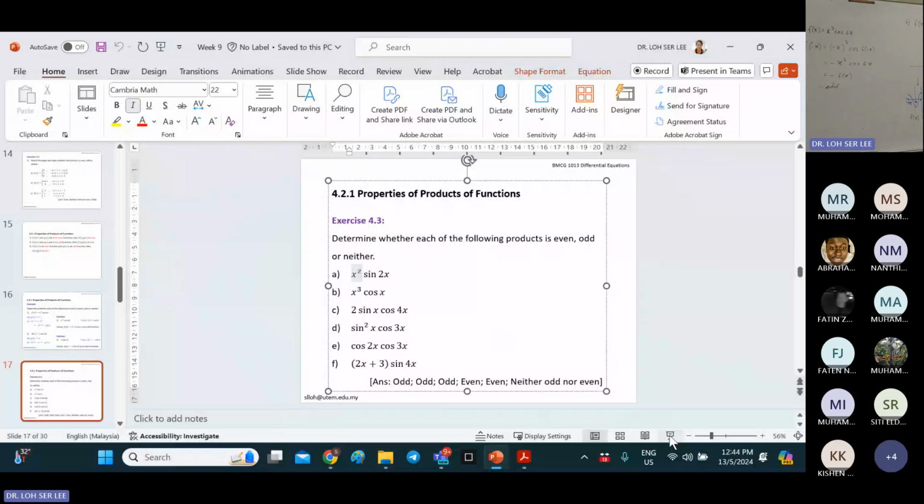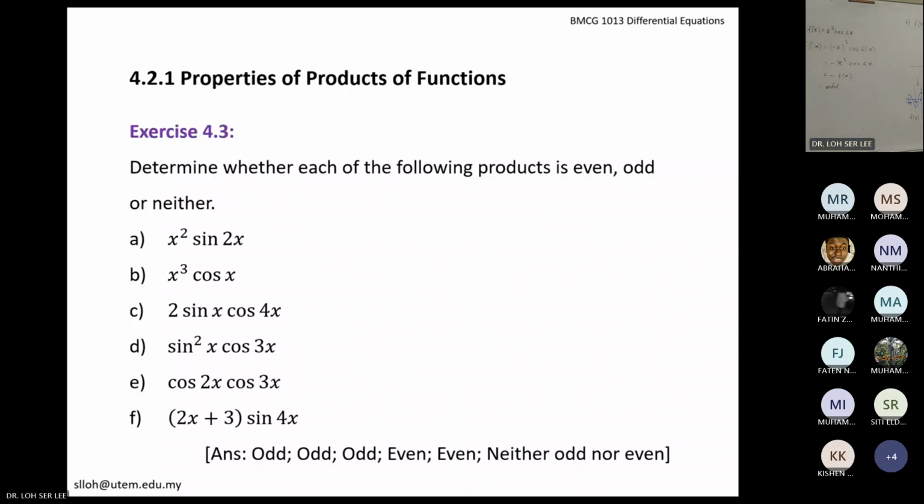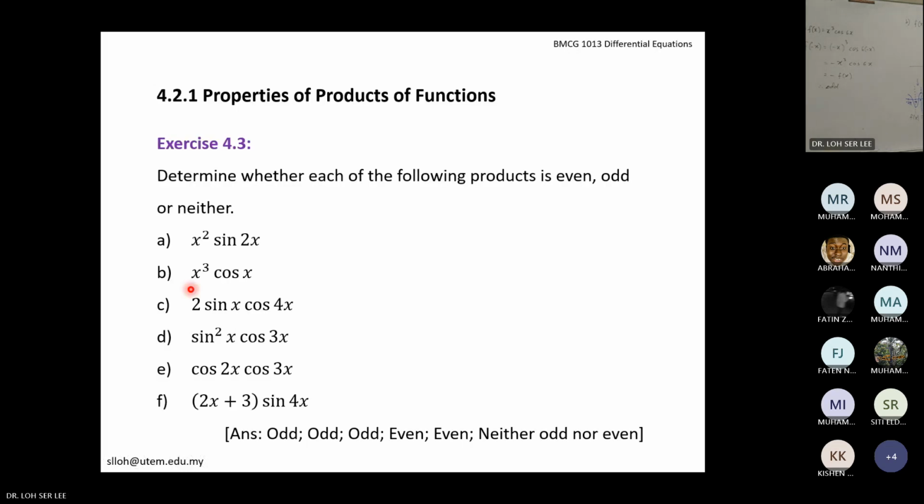When you have square, that means even. X squared is even. Sine function is odd. Even odd, then you get odd. X cubed is odd. Cos is even. So that's why odd even you get odd.